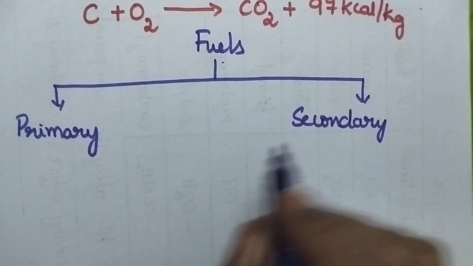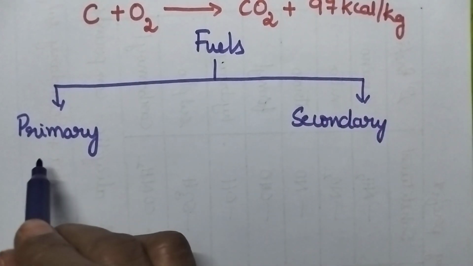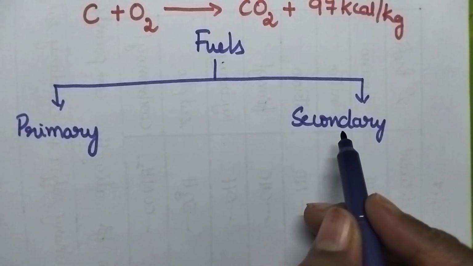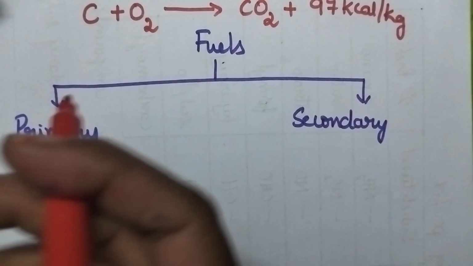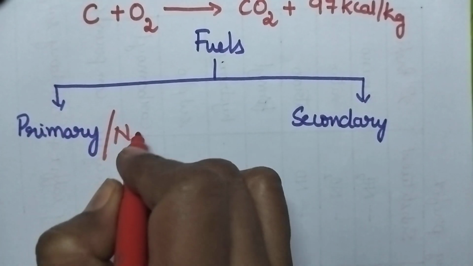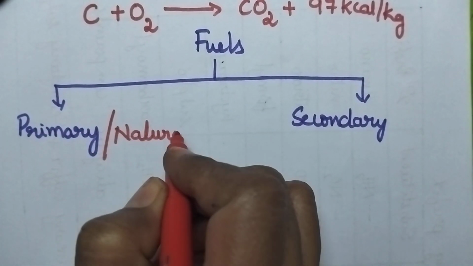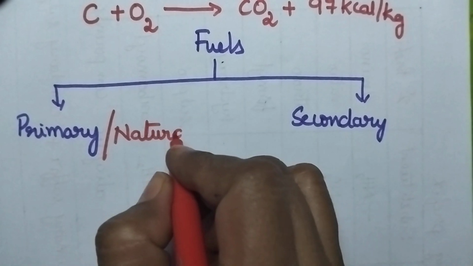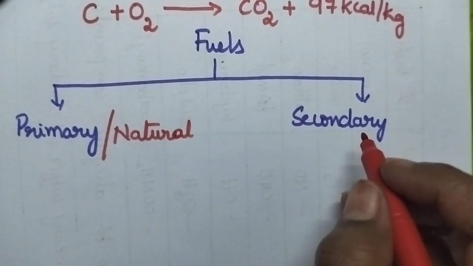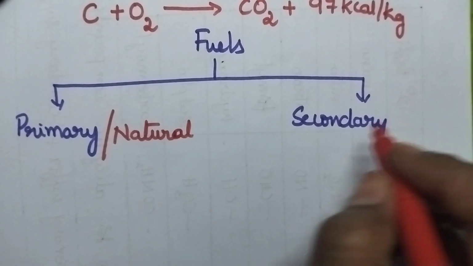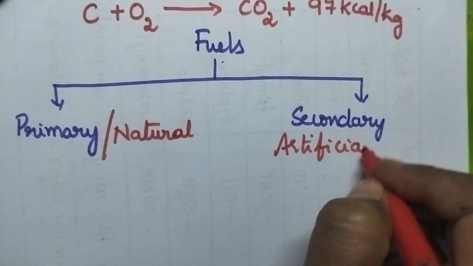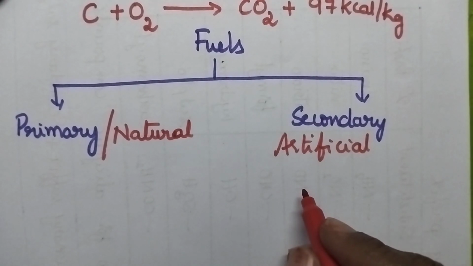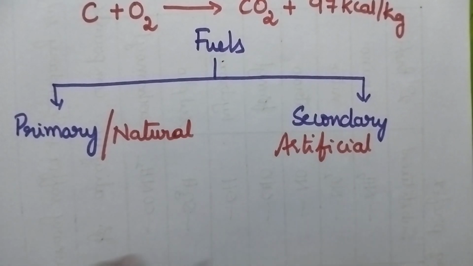Primary fuels means they can be called as natural fuels. So they are available in the nature. Secondary fuels means they are artificial fuels, or you can call them as man-made fuels.